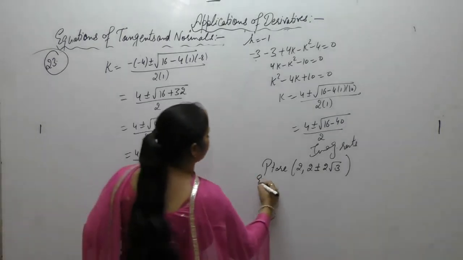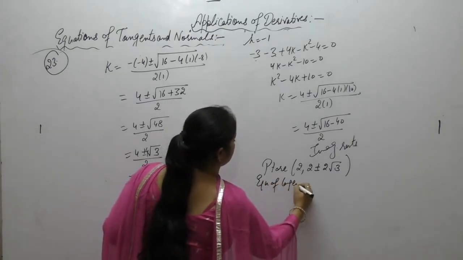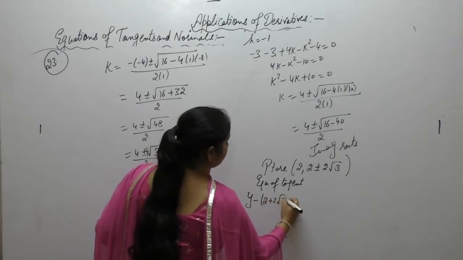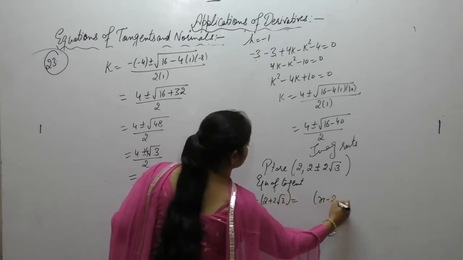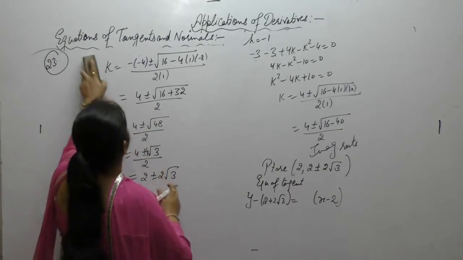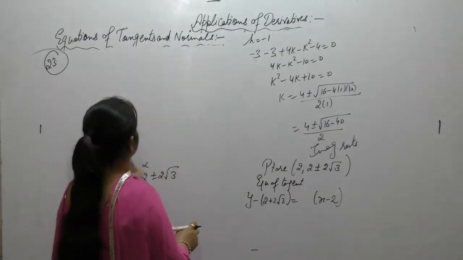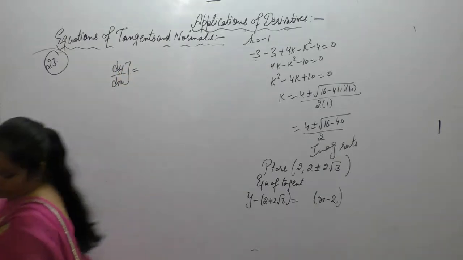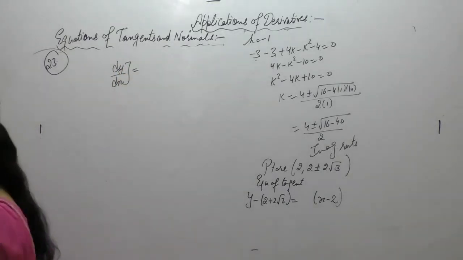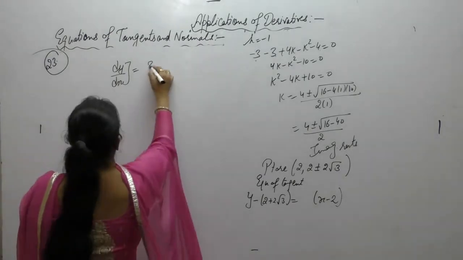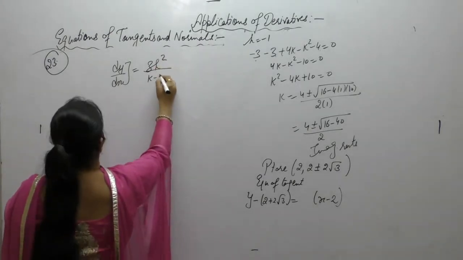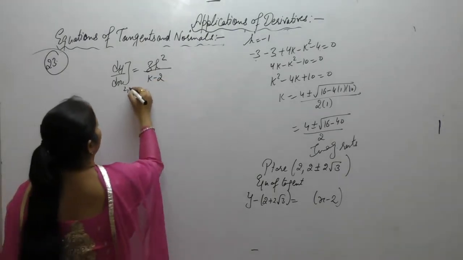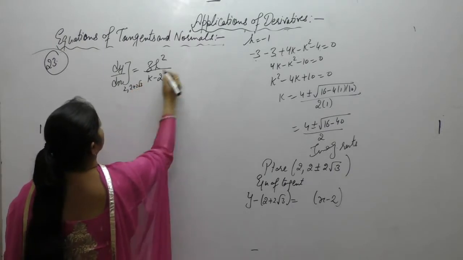Now the equation of tangent will be y minus y naught equals slope of tangent times x minus x naught. Now the slope of tangent at this point: dy upon dx has the value 3h square upon k minus 2, when h is 2 and k is 2 plus 2 root 3.